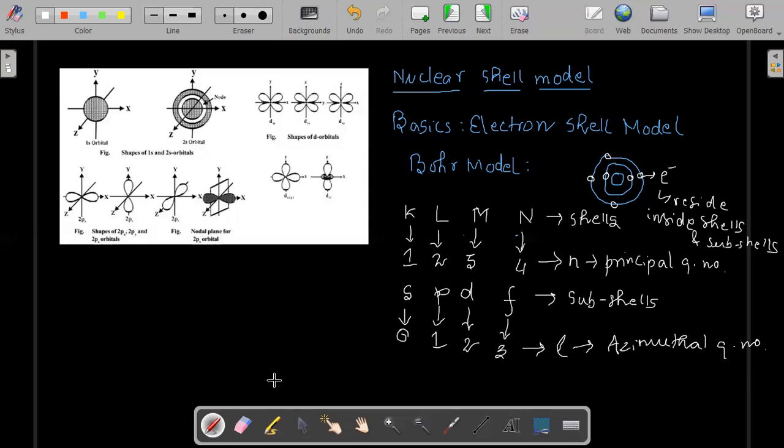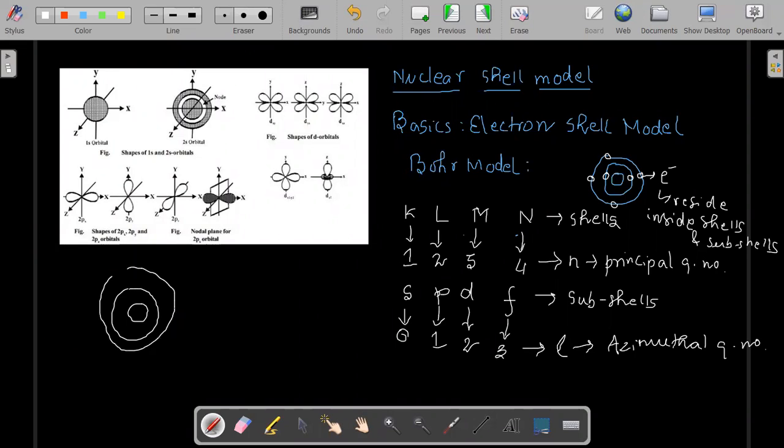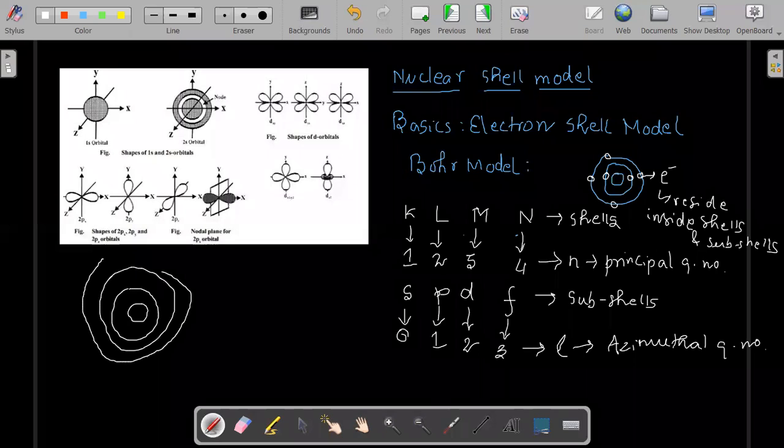If I have the first shell, I'll write it down like this: K, L, M, N. Pardon my drawing skills, but I hope you're getting the concept.